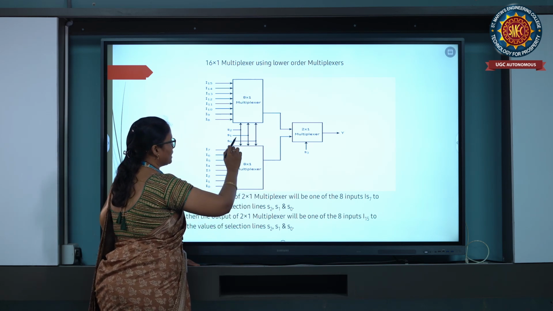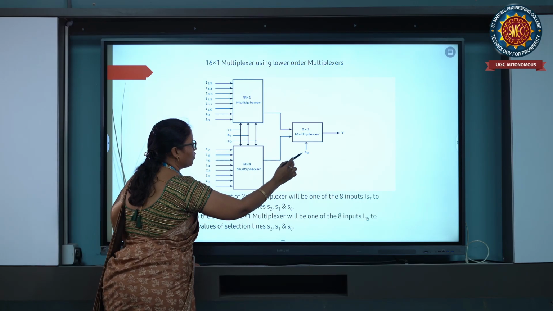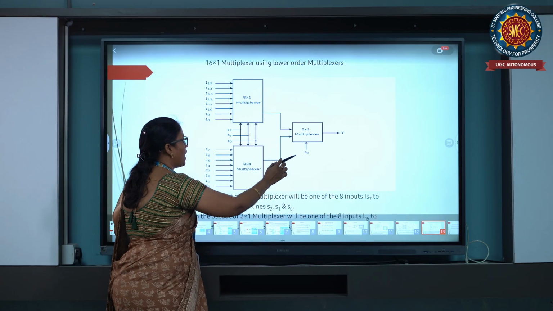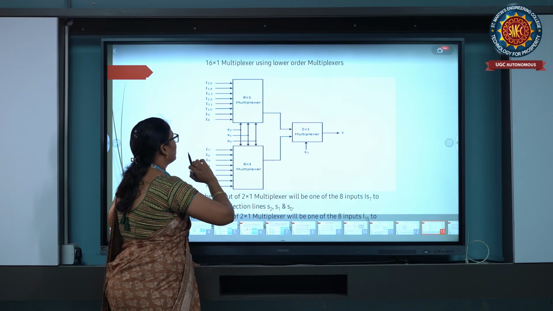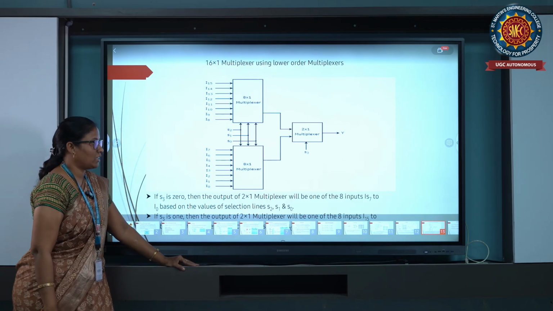The common selection lines are given to both multiplexers. When S3 is equal to 0, the lower order multiplexer outputs are given at the output terminal, and when S3 is equal to 1, the higher order multiplexer outputs are given at the output terminal.